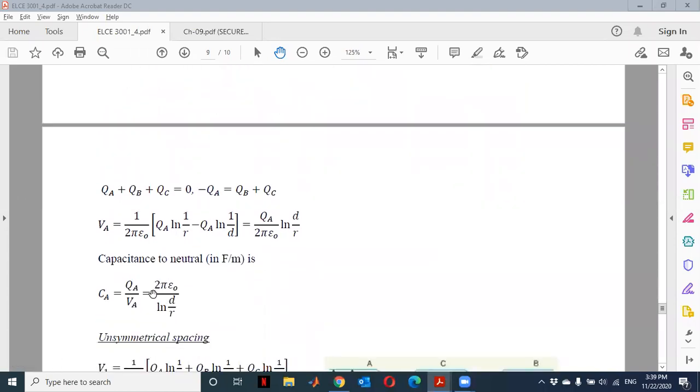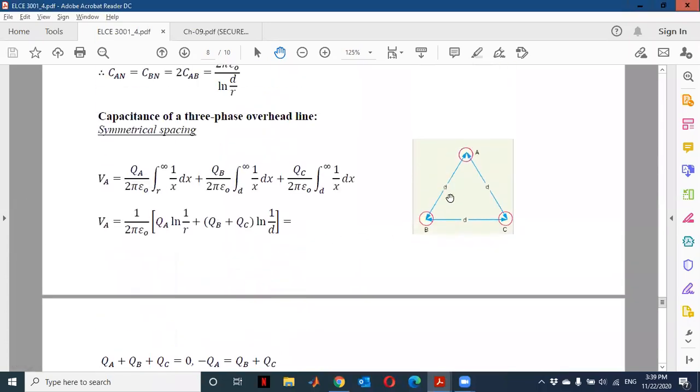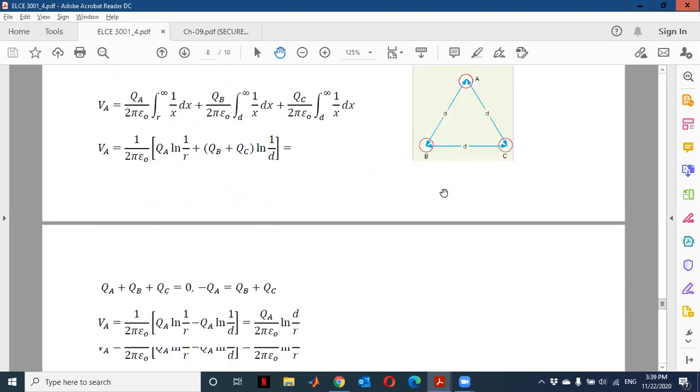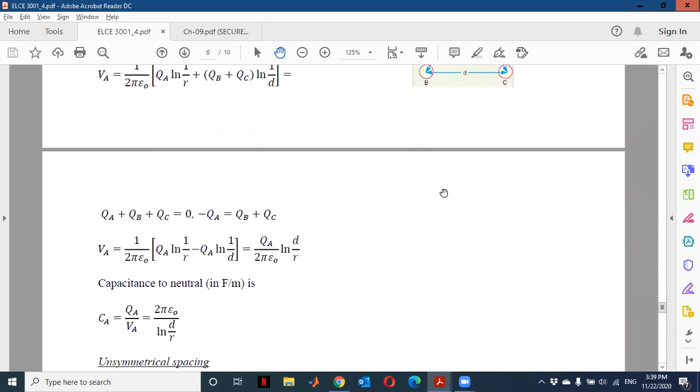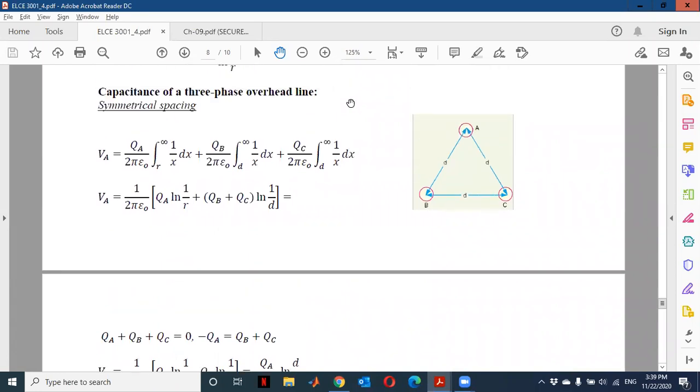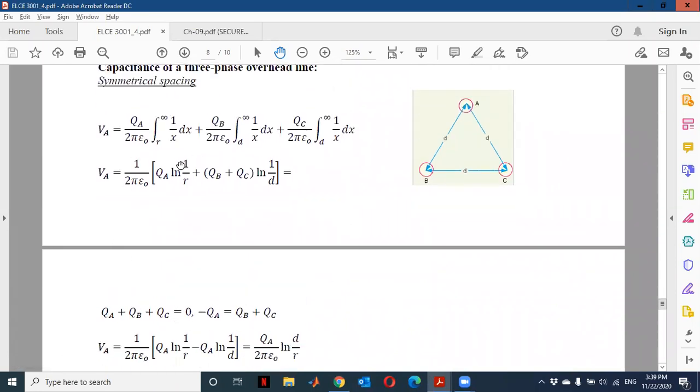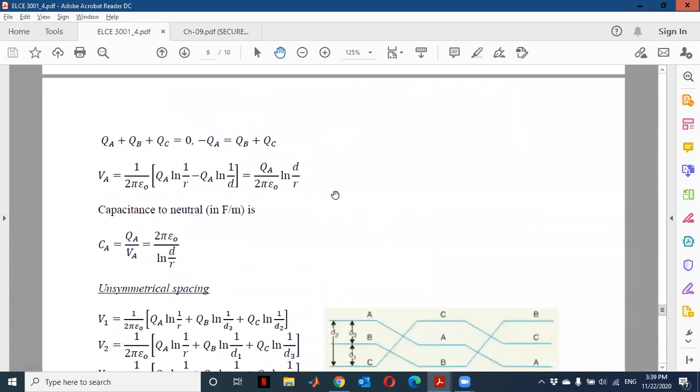We will just use this equation, 2 pi epsilon naught over ln d over r, where d equals d1 equals d2 equals d3, and r equals ra equals rb equals rc. And remember, the value of this capacitance is measured in farad per meter. Also, you have to know how to derive these equations.